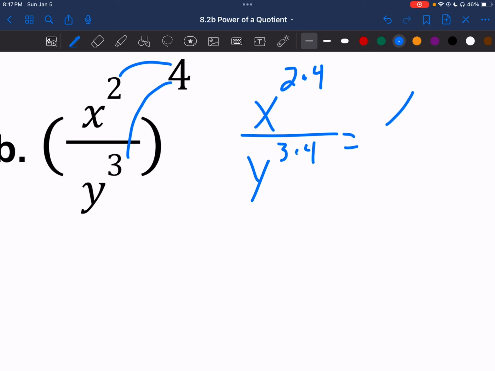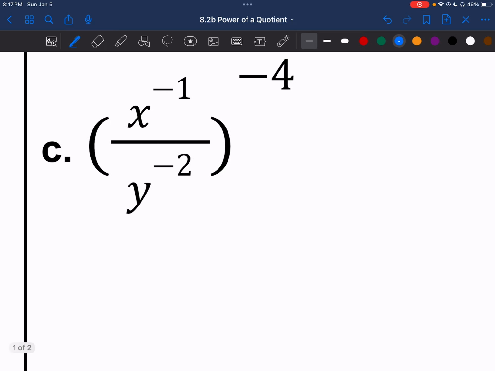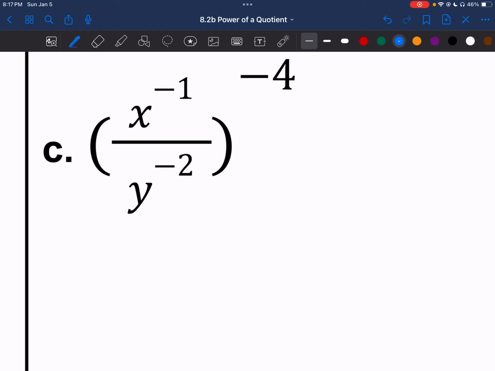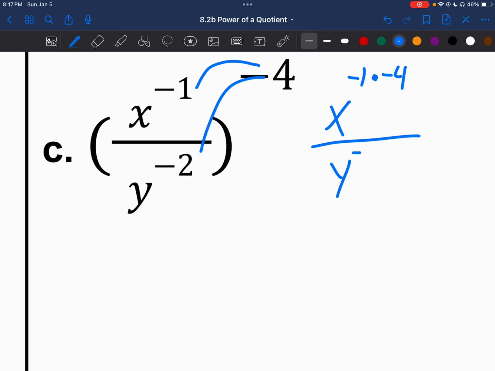And we get x to the eighth over y to the 12th. Letter C, we have a negative exponent on both of these. So we're going to go ahead and multiply. So we have x to the negative 1 times negative 4 over y to the negative 2 times negative 4.